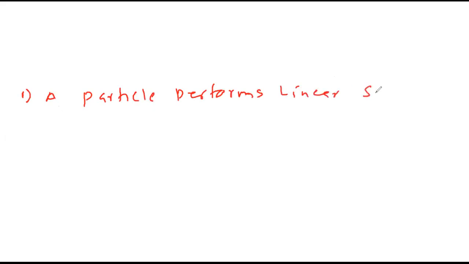From the textbook, first question, which is multiple choice. The question is like this: a particle performs linear SHM starting from mean position.